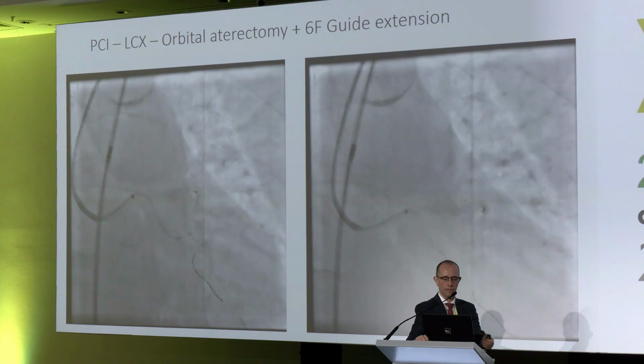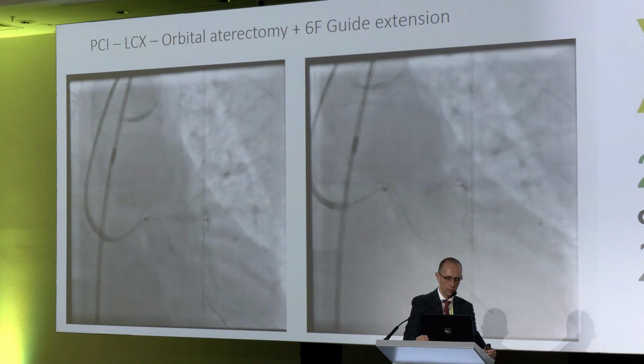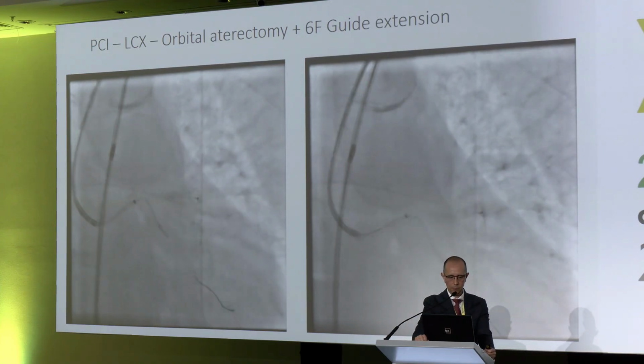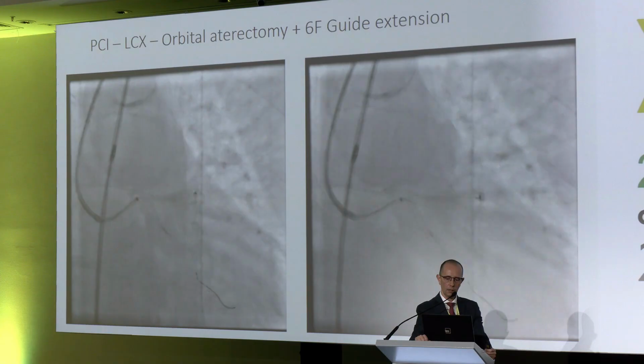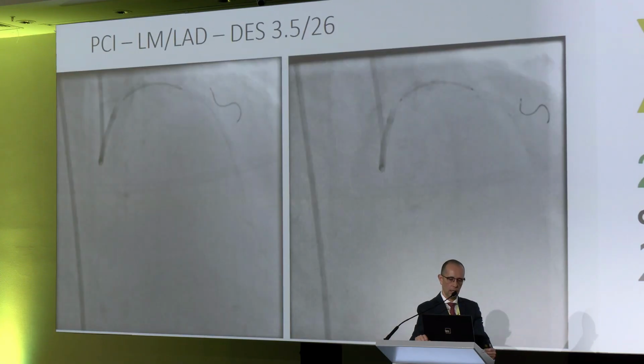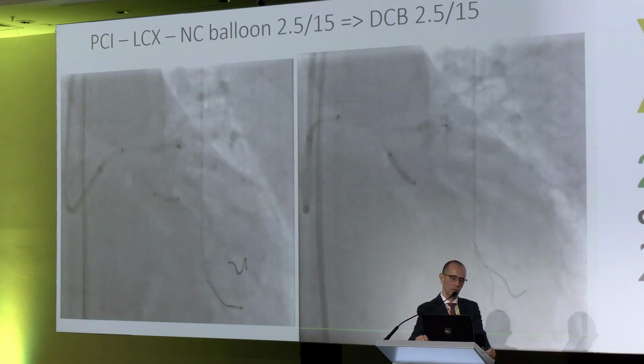You can see how tortuous the segment was. It was followed by predilatation with a non-compliant balloon, 2.5 by 15, and then only DCB in that part of the circ where the stenosis was.